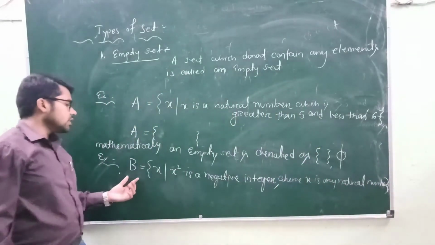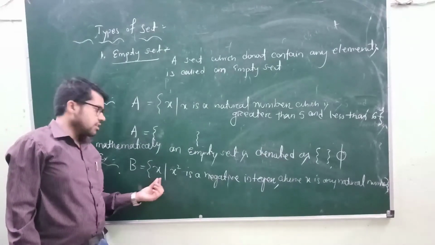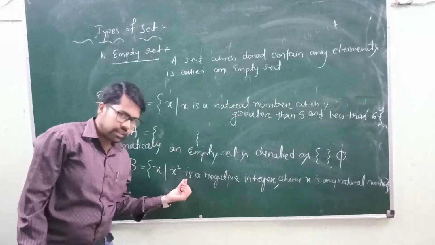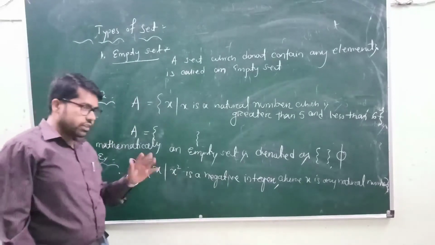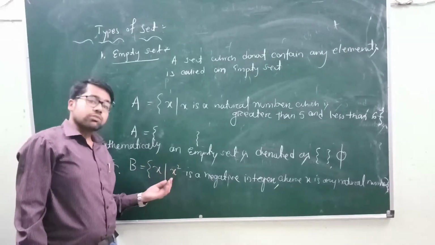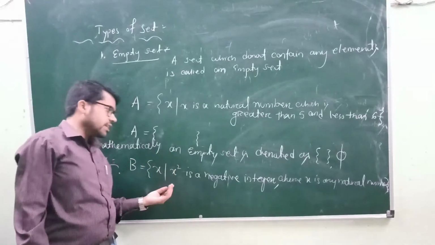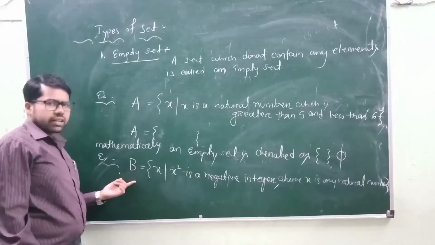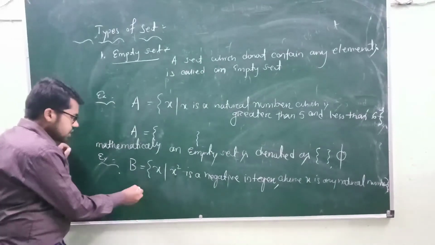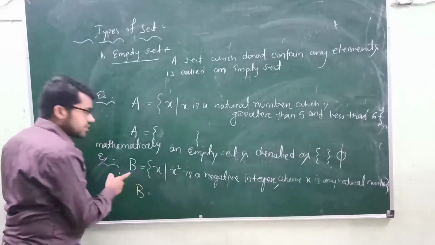So what we did here, we are collecting all those x whose square is a negative integer. That means we need to find those x by squaring which we should get a negative integer. Is it possible? Can we get any such x whose square is negative? No. So this set is in set builder format.